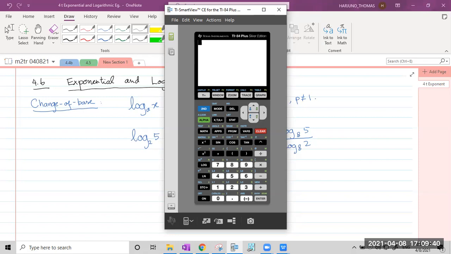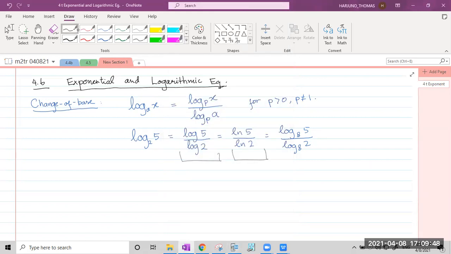For example, how do we compute log base 2 of 5?